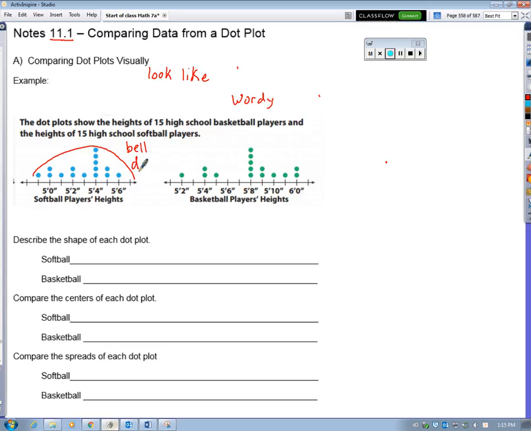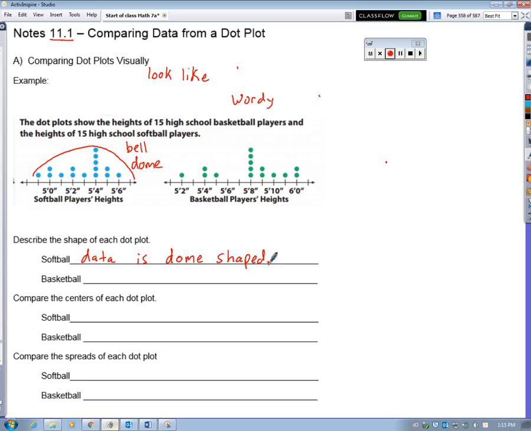You can call it bell or dome. The description doesn't really matter too much as long as you're accurately talking about what's going on here. So let's write that down. Softball data is dome shaped.